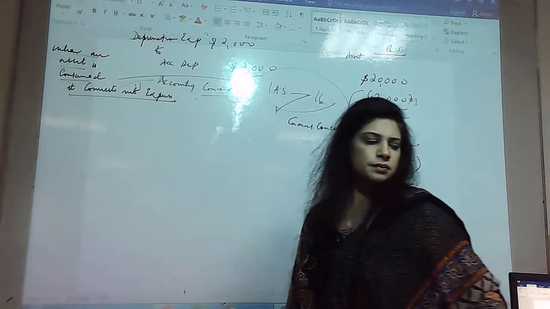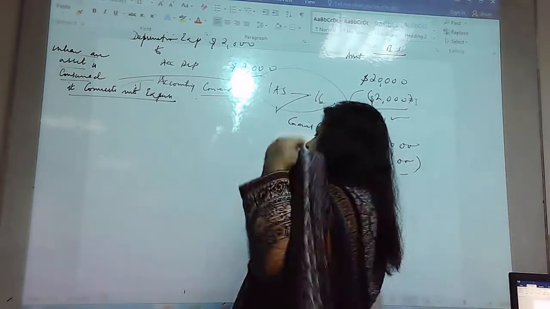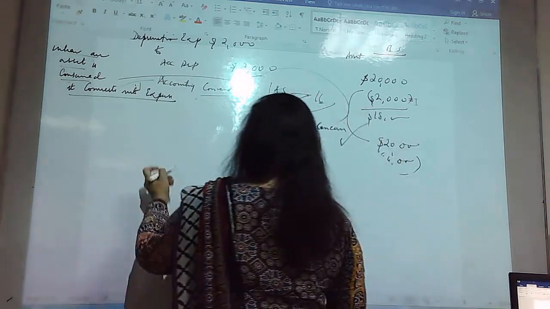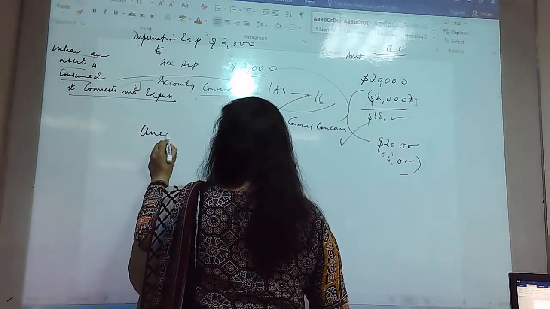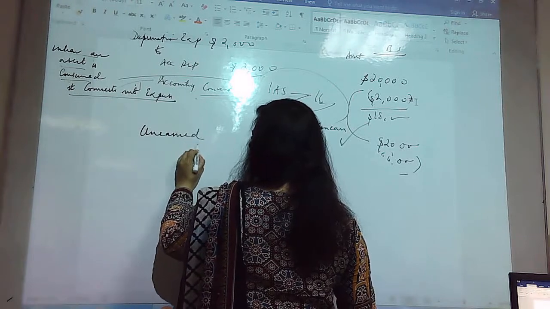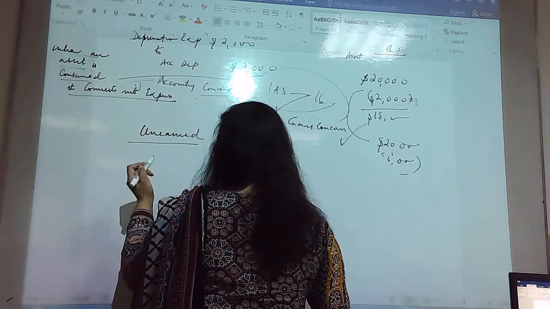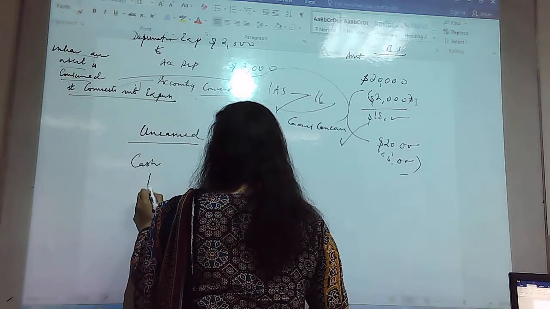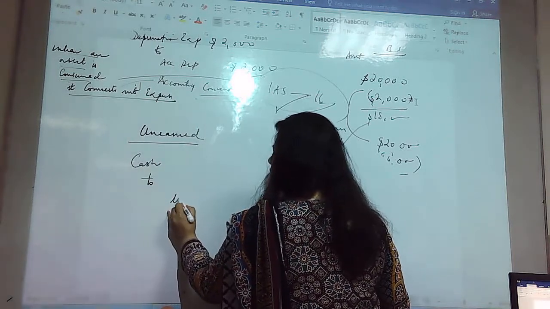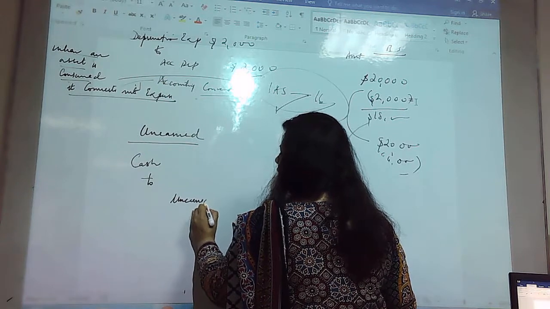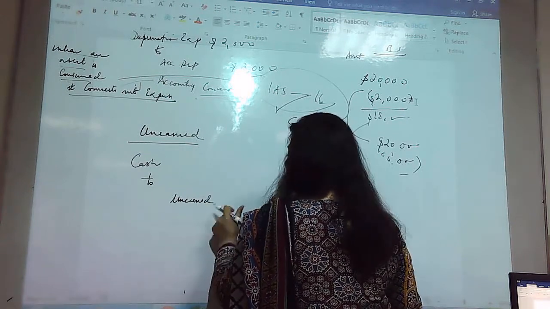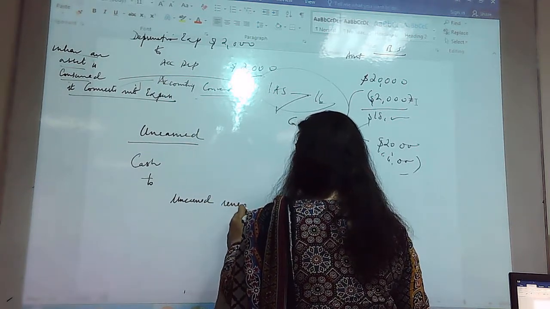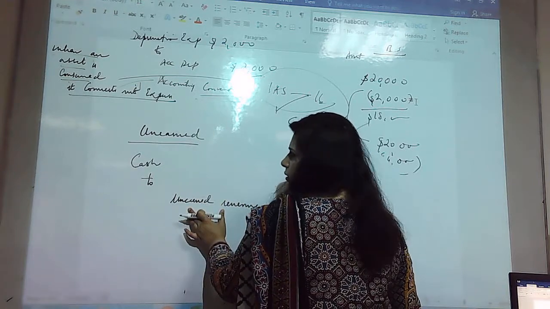It's unearned. So unearned would mean that somebody paid you cash in advance, so you're going to be reporting cash to unearned because you haven't rendered your services yet, unearned revenue. And you can't recognize it, so it's unearned.